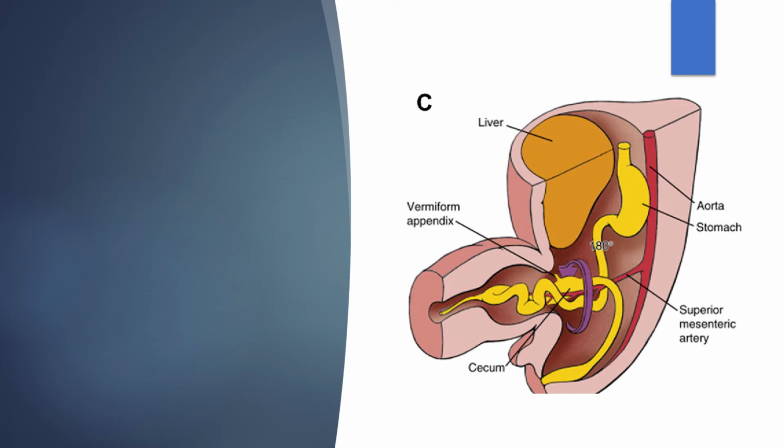Already the cephalic limb has moved towards the right side in the first rotation. Again the second rotation is going to occur. During the second rotation it is again a 90-degree rotation.